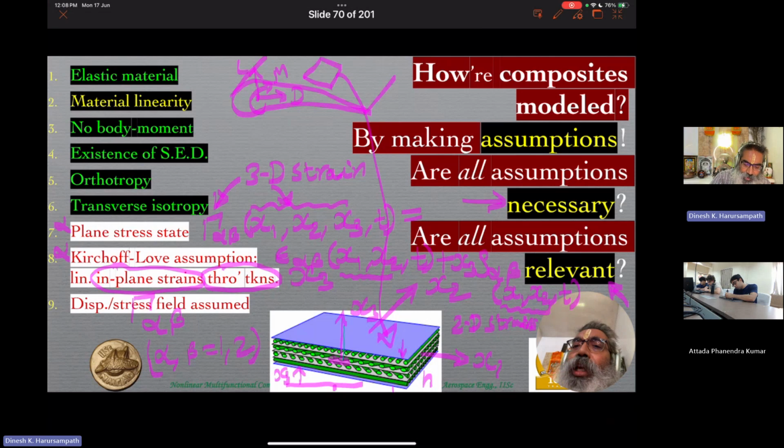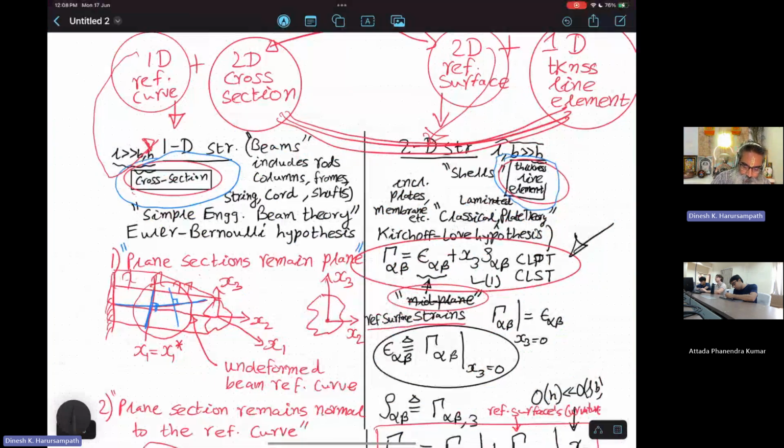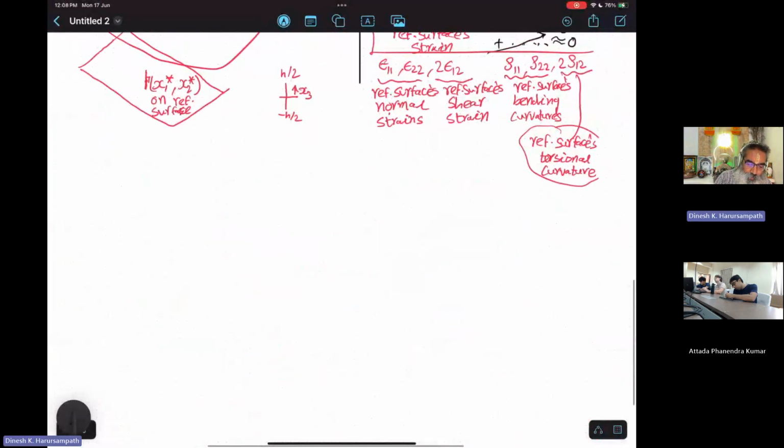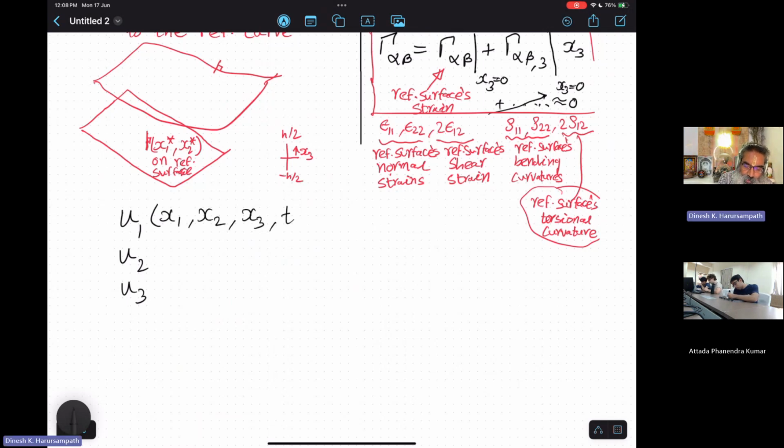So just to give you an example of what this might entail in the displacement field assumption for a plate, let's go back to this. What we assume over here is that a plate or surface like this will have three measure numbers for the displacement field, which we know in general are functions of all the three spatial coordinates and time, right?